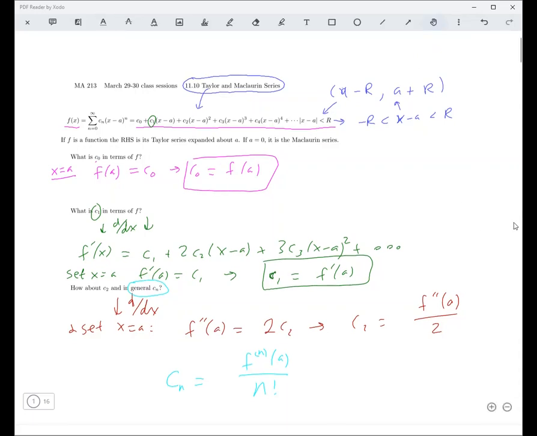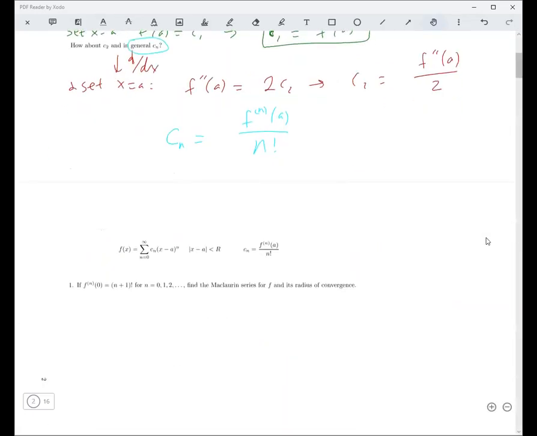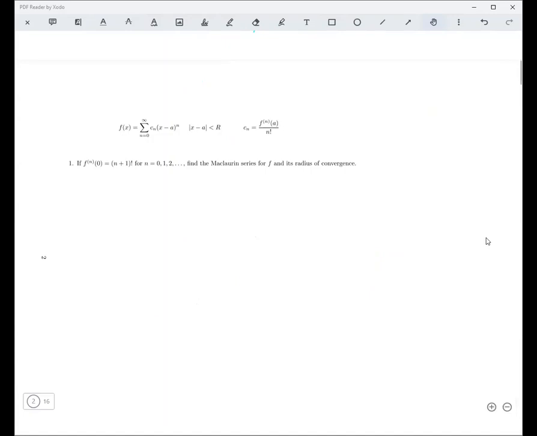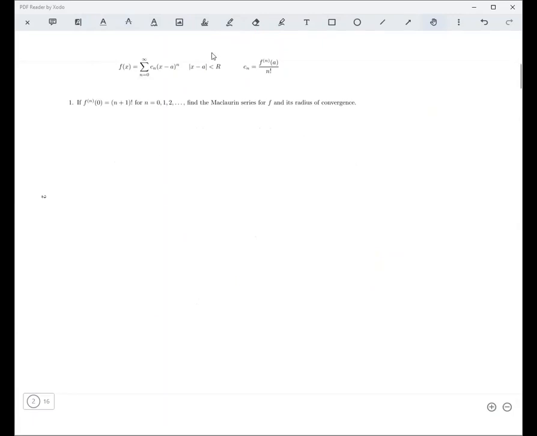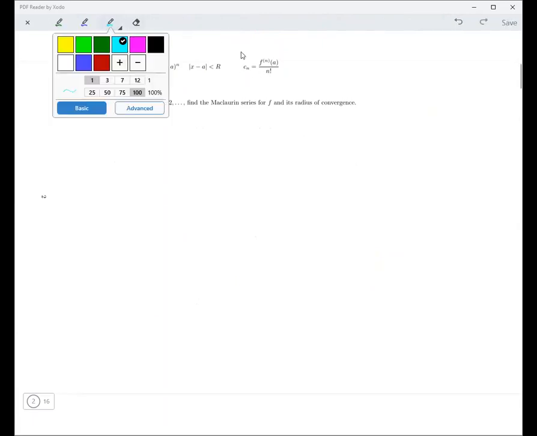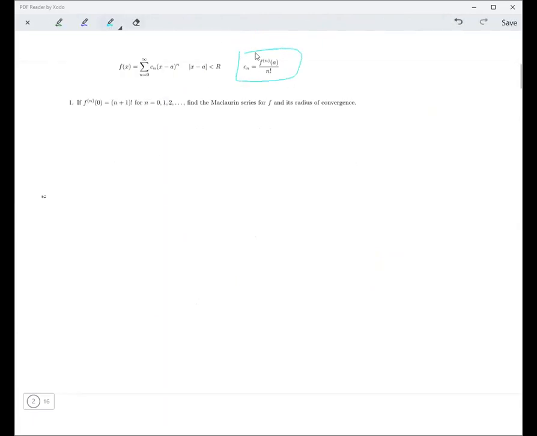So on the next page, we have the summary of that. And here's the formula again of what the terms are. So let's do an example here. It's the homework.